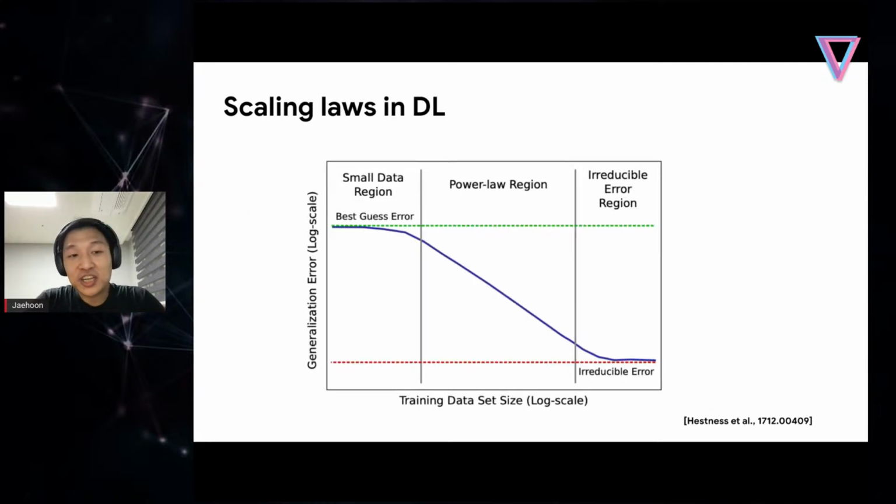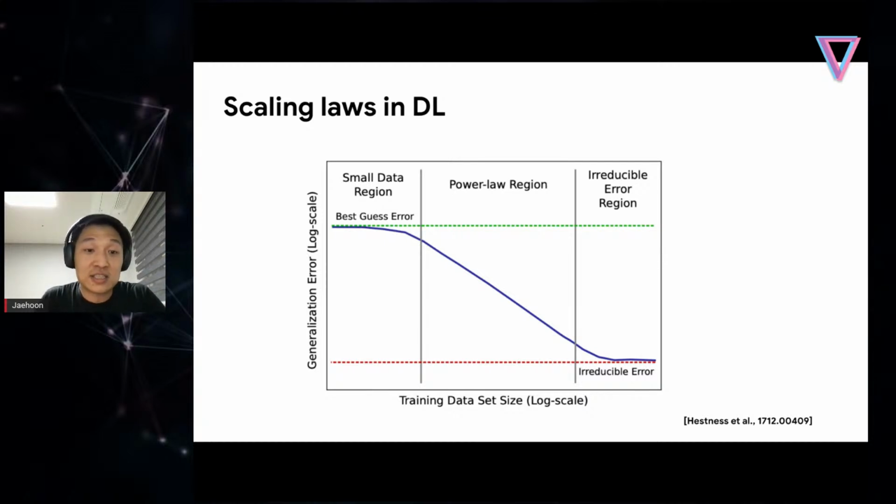In deep learning, recently we are starting to observe more and more of this power law scaling behavior emerge. The power law relationship between generalization error and dataset size was first thoroughly studied by a paper from Baidu Research in 2017. By looking at practical models and datasets at the time, they identified three different regimes.